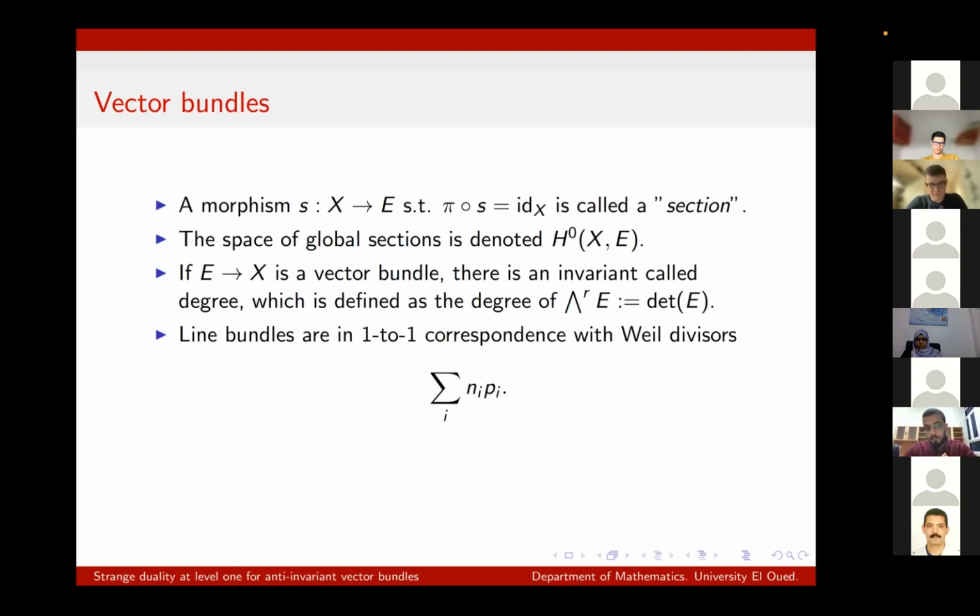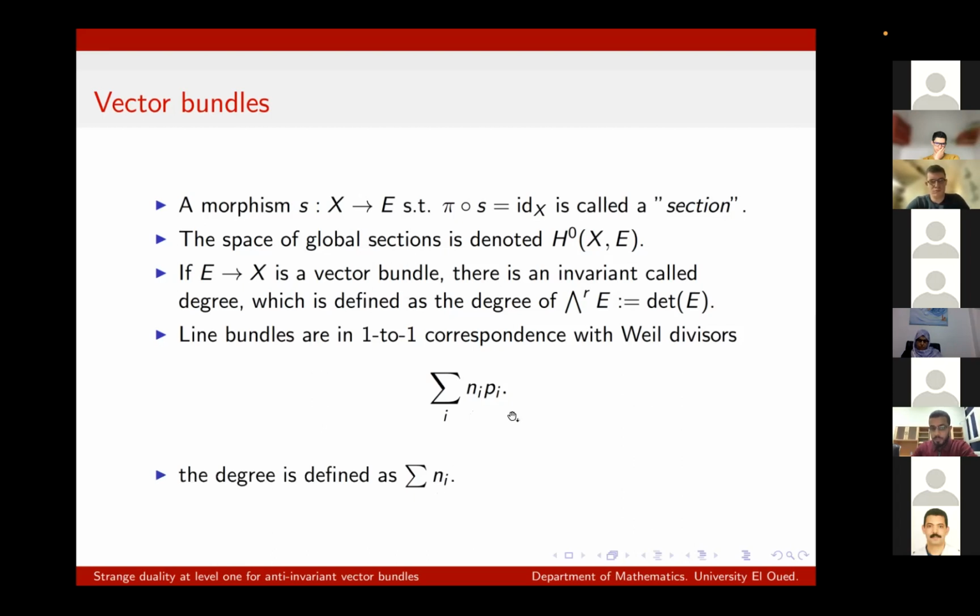So if you have a finite formal sum with coefficients in Z of points in your curve, this is called a Weil divisor, and there is a one-to-one correspondence, at least in the smooth case, for any variety actually, between line bundles and Weil divisors. And the degree is defined simply as the sum of the coefficients.